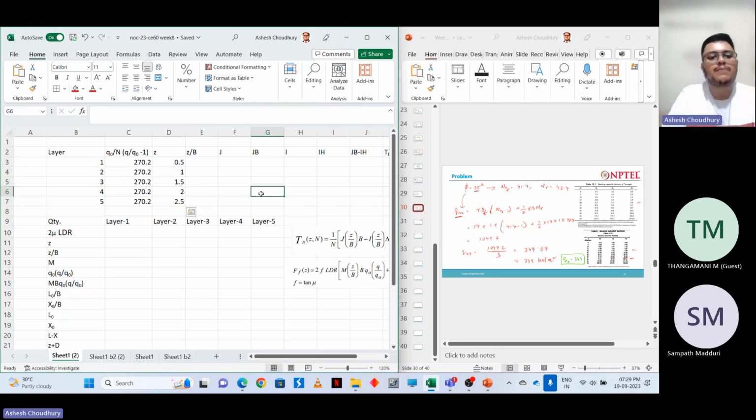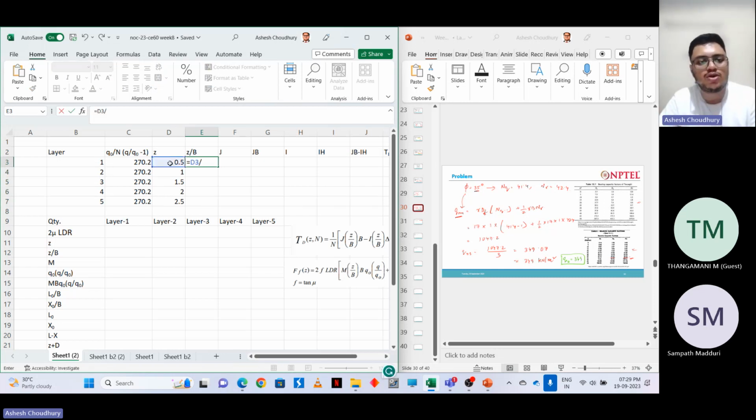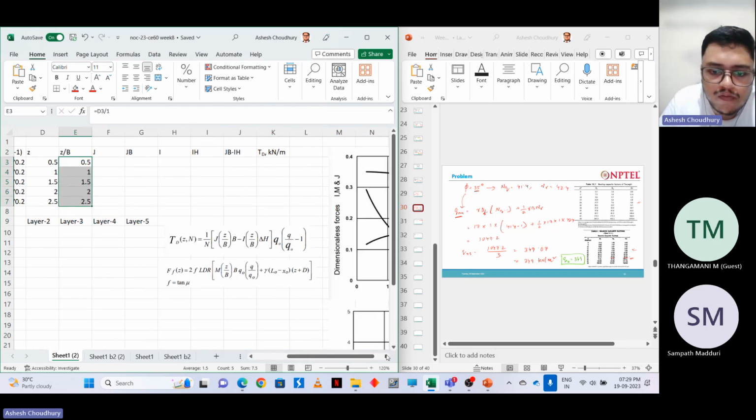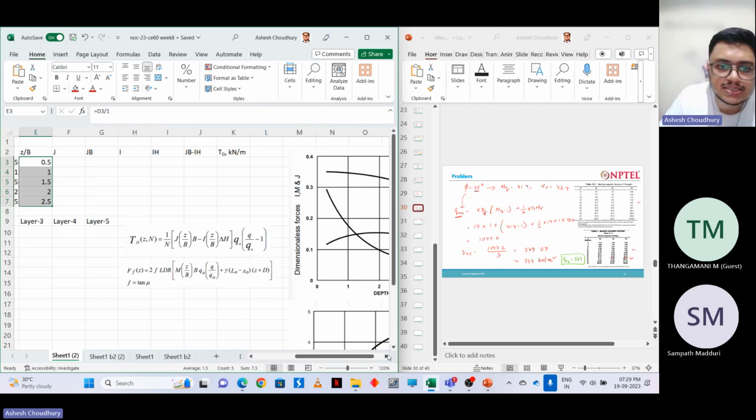Now what is Z by B? Z divided by B. What is B that we have assumed? 1. Z by B we got. Now our task is to get the value of this J and this I for each of this Z by B, from this graph.